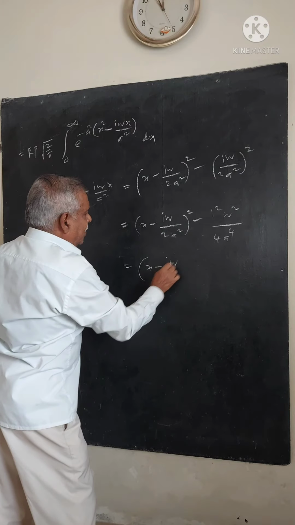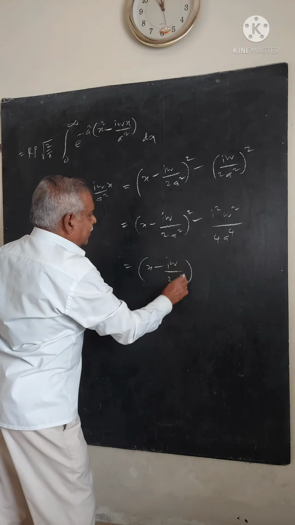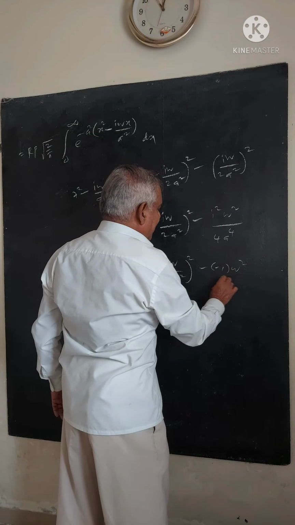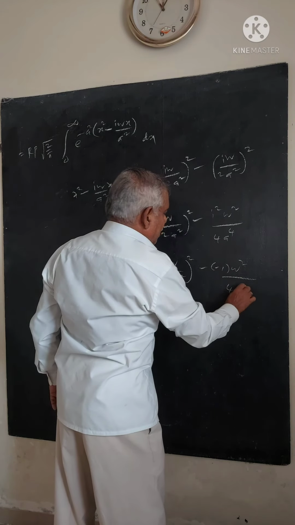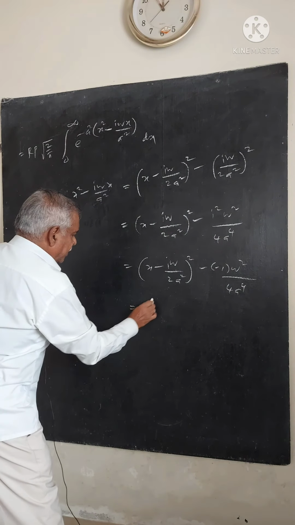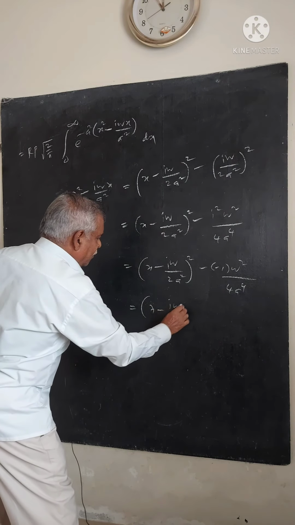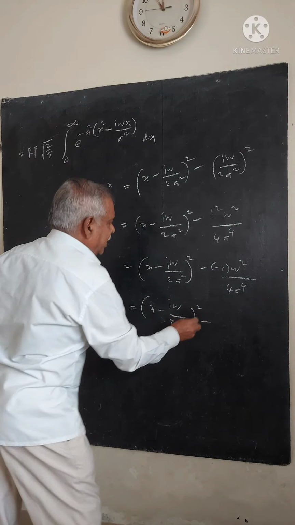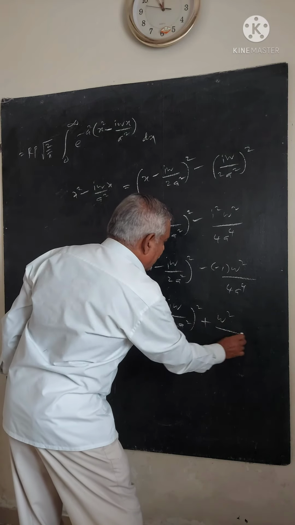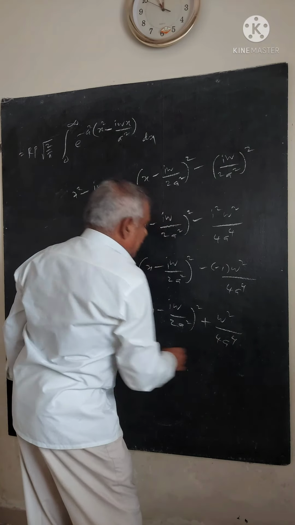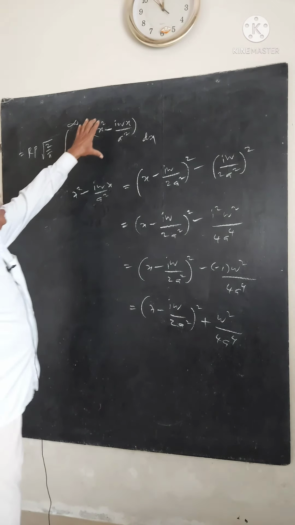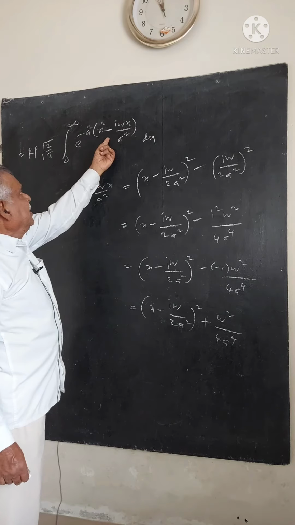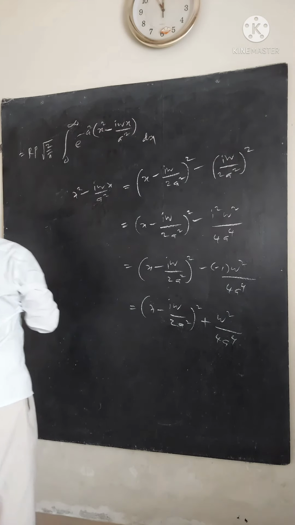I squared is minus 1, so it becomes x minus i omega by 2a square whole square plus omega square by 4 a power 4. Instead of x square minus i omega x by a square, we are writing this form in this bracket.